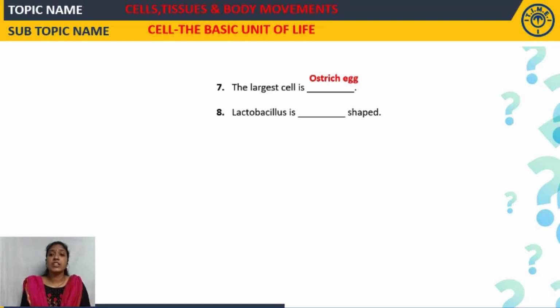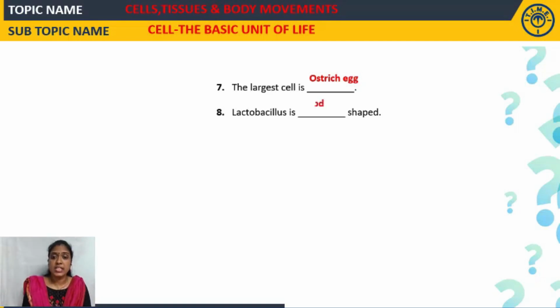There are spiral shaped bacteria, for example Treponema. And an example of comma shaped bacteria is Vibrio cholerae, a group of bacteria known as Vibrio. So lactobacillus comes under which shape? Lactobacillus is a rod shaped bacterium. So that is the answer.